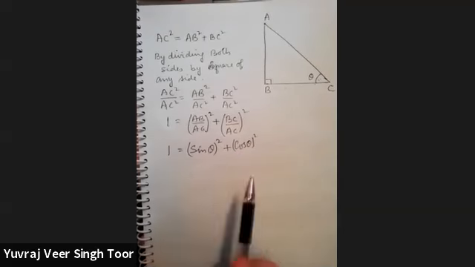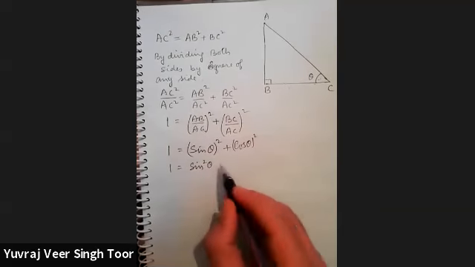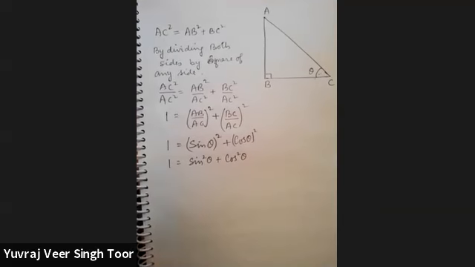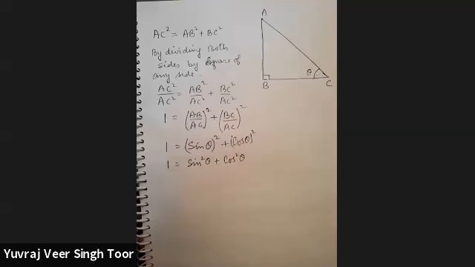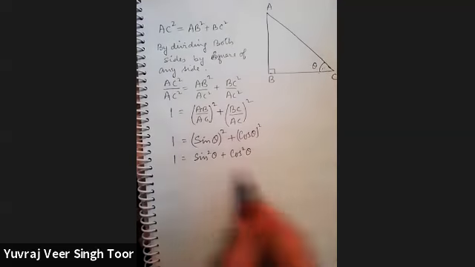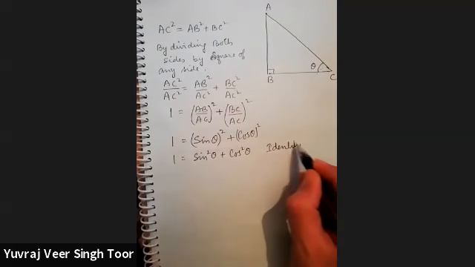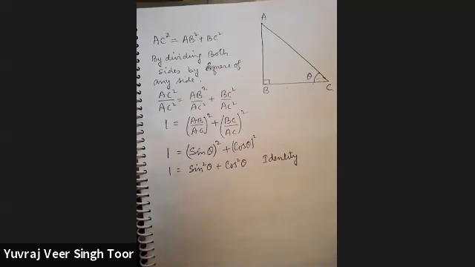Write it as this or this, doesn't make any difference, because sine itself is not explainable in trigonometry. So of the angle, you have to take the square of the ratio. So this result is also termed as trigonometric identity, a result which you have to remember, derived from the Pythagoras.